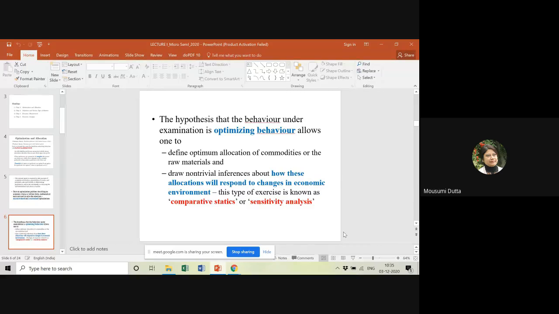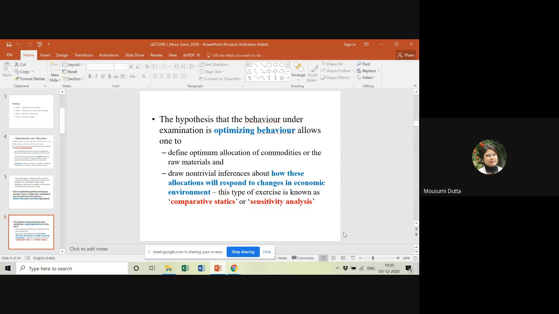So for rational behavior, first you have to remember the issue related to rational behavior. Rationality means the choice is complete, the choice is transitive. Then, to begin with, we consider rationality equivalent to optimization, optimization regarding allocation of resources.